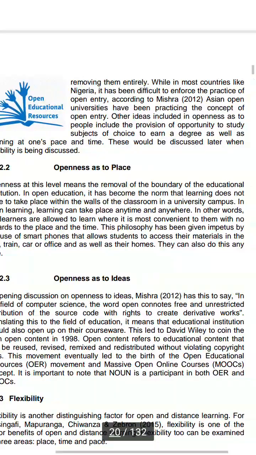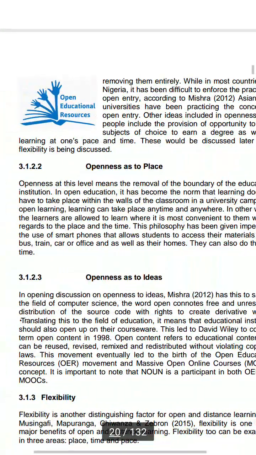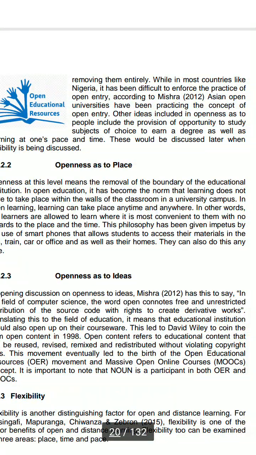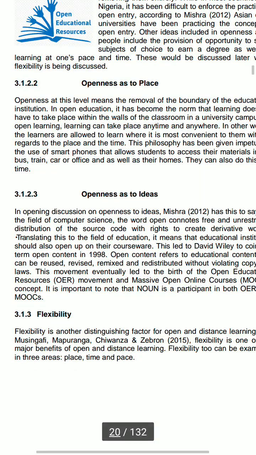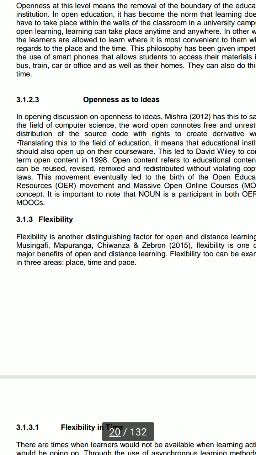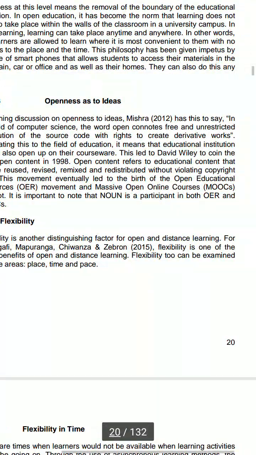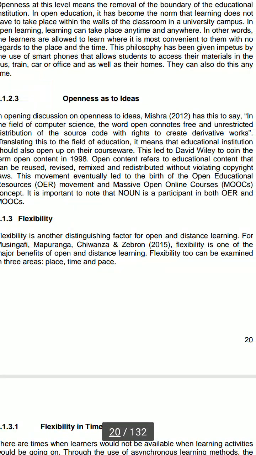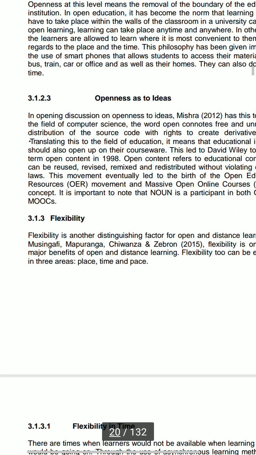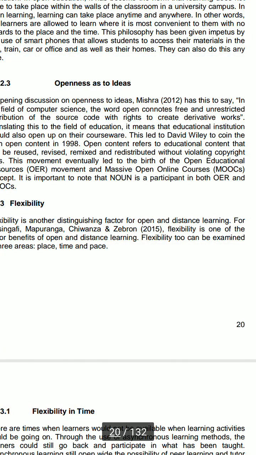It means the removal of the boundary of the educational institution. Then we have openness to ideas. In the field of computer science, the word connotes free and unrestricted distribution of the source code. That is, students are free to express their own ideas and opinions about a particular discourse.